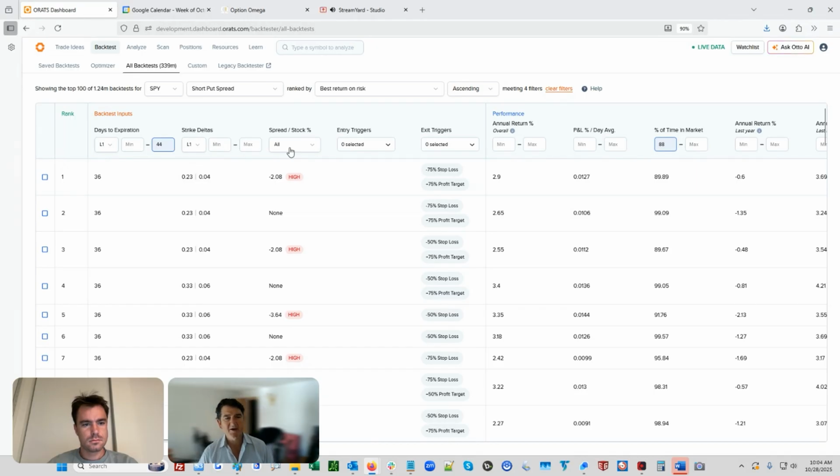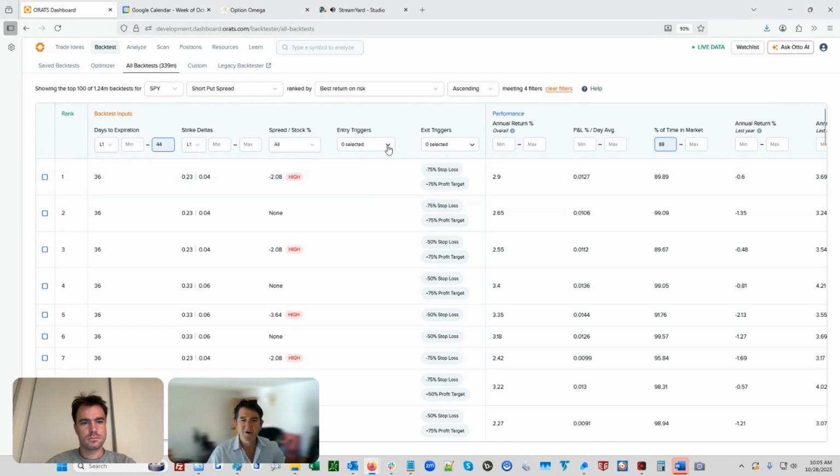Spread divided by stock is basically the spread price divided by the stock, and that's a percentage. So we want it to be less than 2%. So that's what we would call a high negative percentage. Some we test with none, but only test this strategy with those types of premiums.